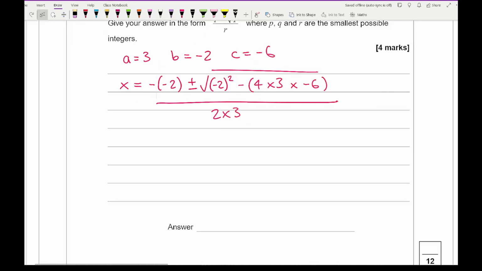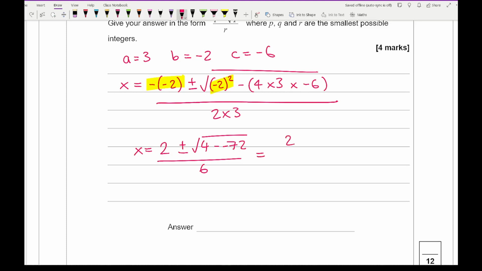And then if I simplify this without using a calculator first, well, here I've got minus minus 2 becomes positive 2, plus minus the square root of minus 2 squared is positive 4, and then minus 4 times 3 times minus 6 is plus 72, and that's all divided by 6.